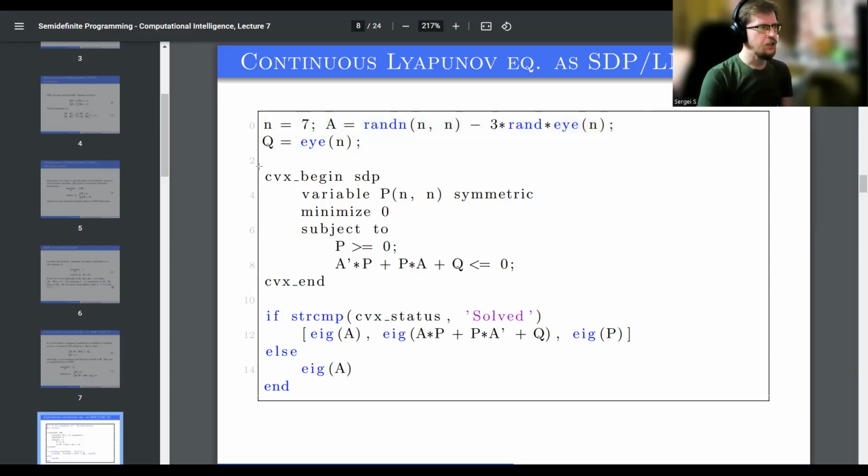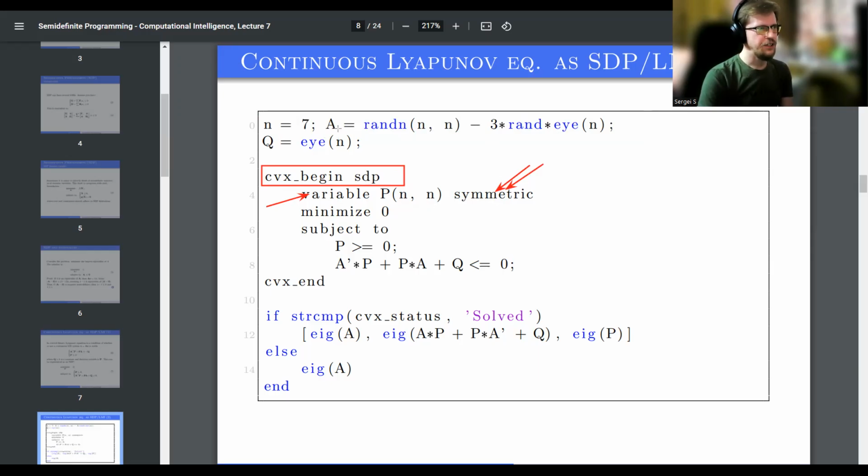Right. So this is how we do CVX in MATLAB. In Python, it will be similar, you just won't have to make this call, etc. So you say begin CVX. You denote a variable P, which is symmetric. In Python, you also declare it symmetric, just in brackets.